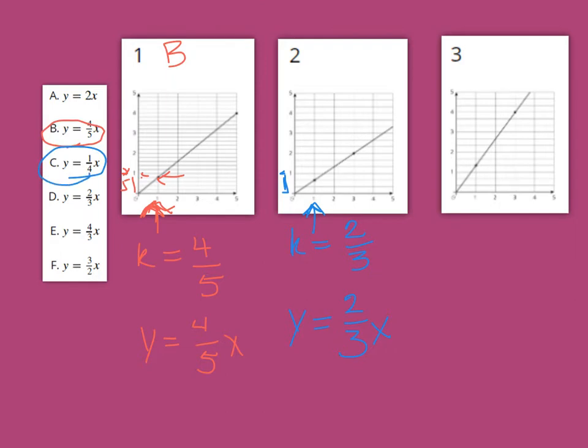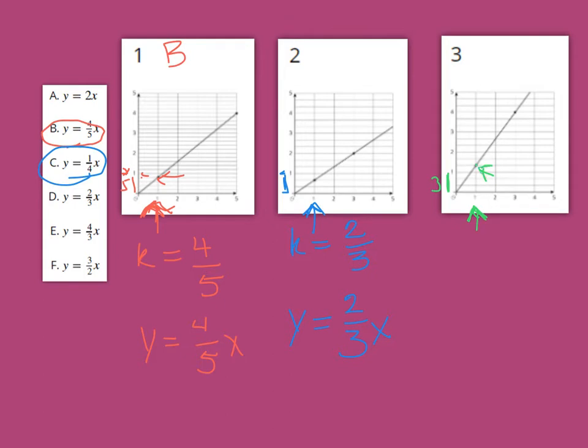Our next one, if we look at the 1, the first thing we want to do, as always, is see how many spaces there are between 0 and 1. In this case, there's 3, and our point is the one above it. You see it right there.